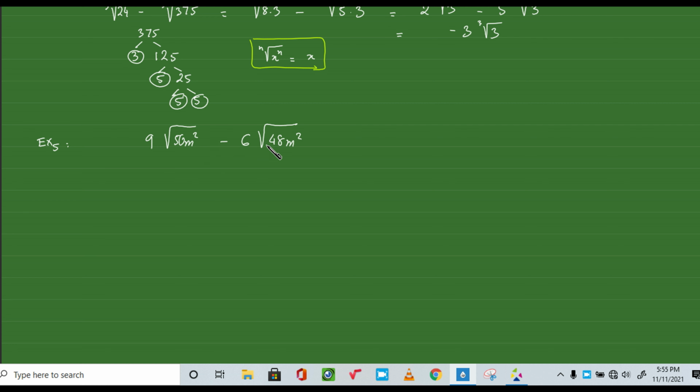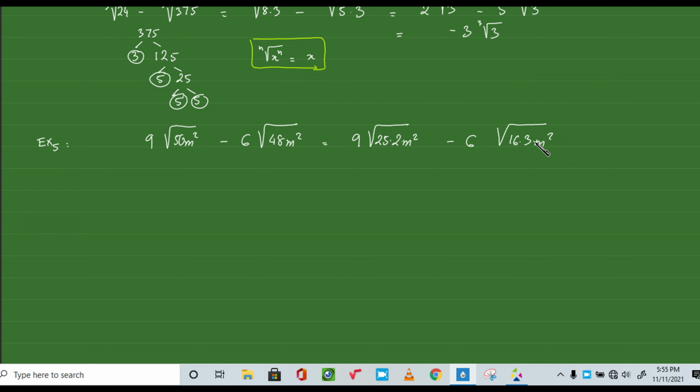Okay, now the radicals are the same, but the radicands are different, so we have to simplify. So I can split it up over here, right? Because 50 is nothing but 25 times 2, so 25 times 2 m squared. And 48, I can do 16 times 3 m squared.